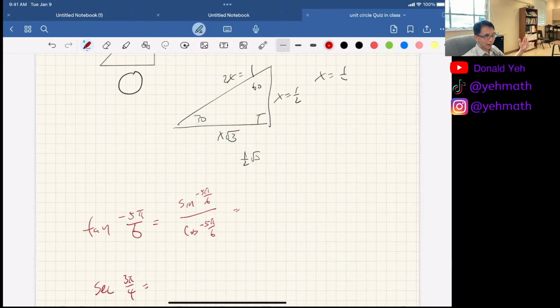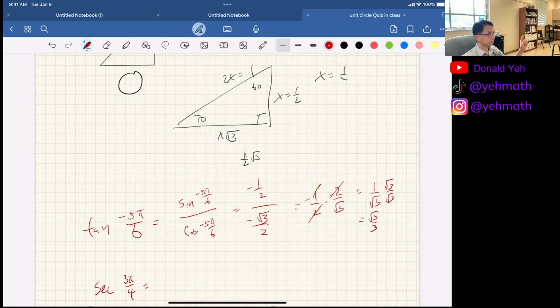The fat triangle should have the wider one, so square root 3 over 2, but this is negative, and this one should be negative 1/2 because if it's wider, it's going to be a little bit shorter. So it'll be negative 1/2 times 2 over square root 3, and this cancels out, and that gives you 1 over square root 3. You rationalize it, so that'd be square root 3 over 3.